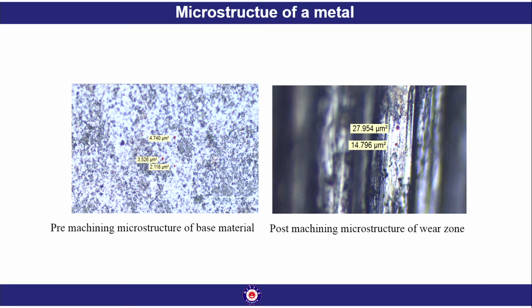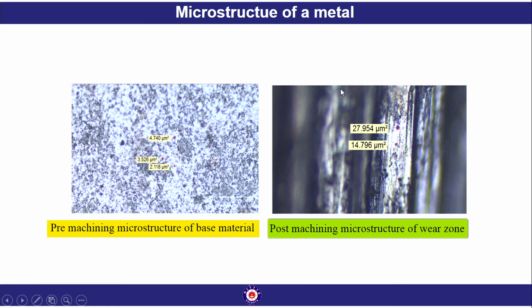Now, here you are seeing a surface being machined: this is the base material before machining and this is the post machining surface. You see how this surface is changing; in fact this is a wear zone of the material.